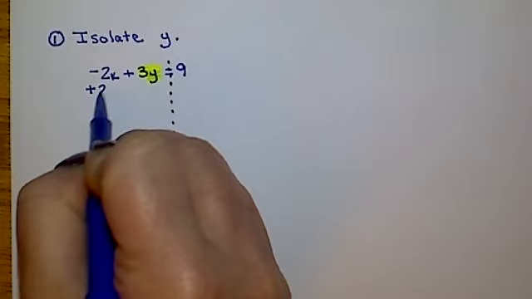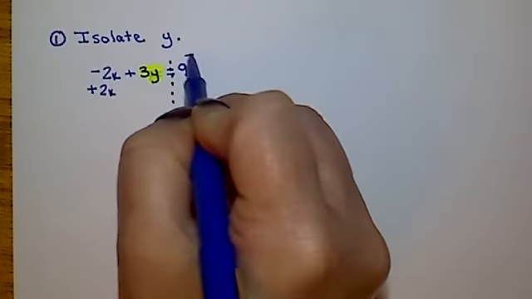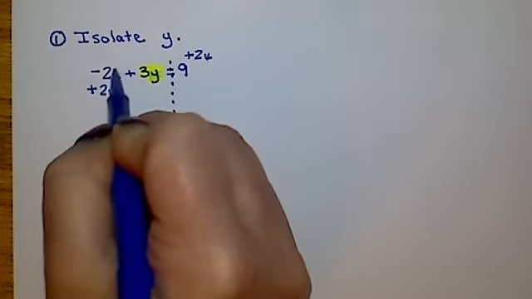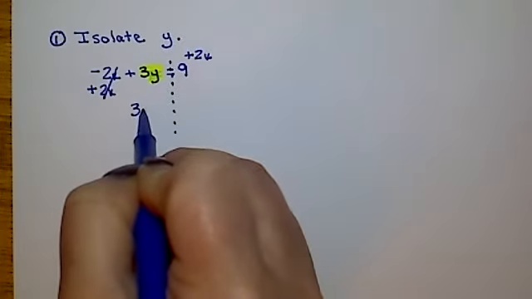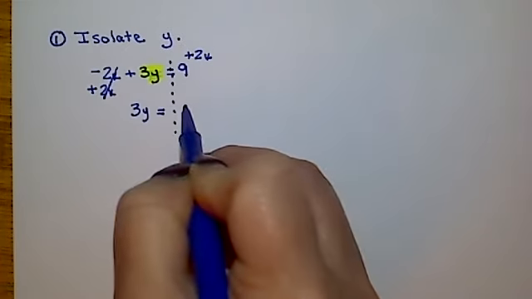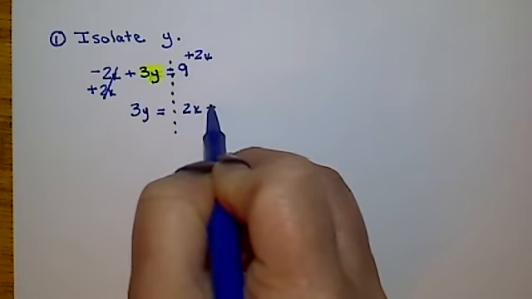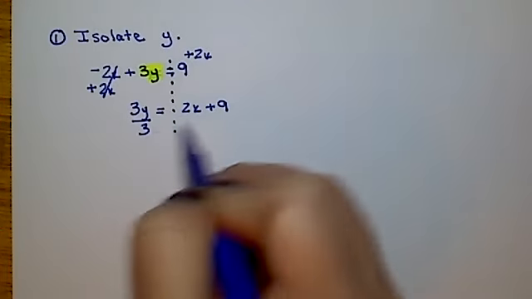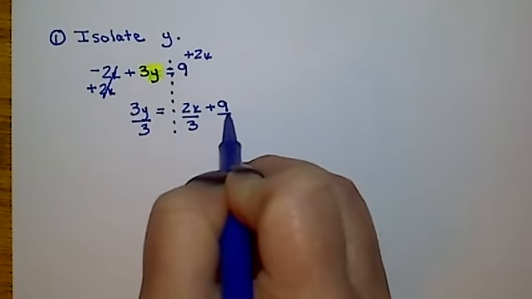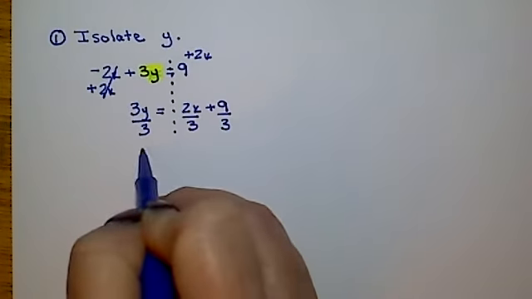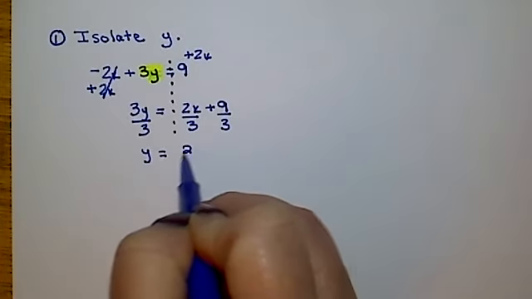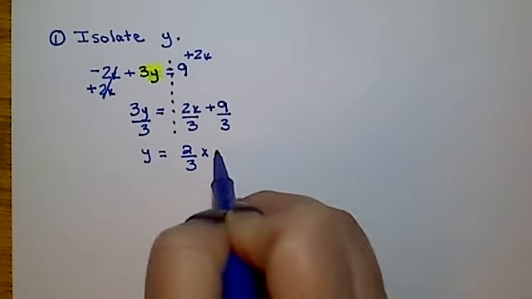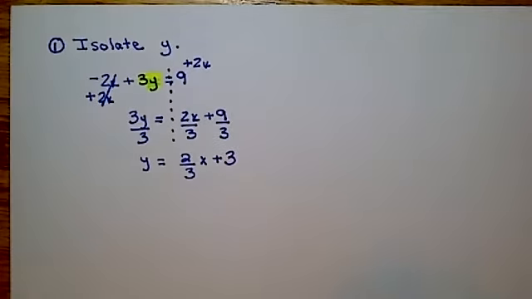So I'm going to add the 2x to the other side. We would have 3y equals 2x plus 9. Divide by 3. Y would equal 2/3 x plus 3.